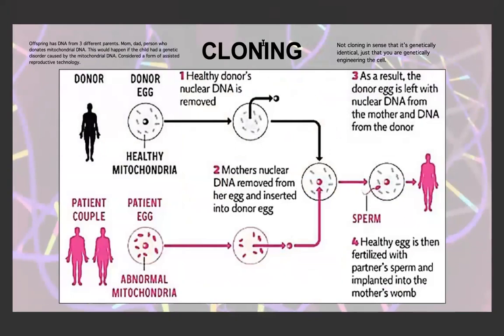This heading of cloning isn't really the correct heading, but basically what this picture is saying is that you can use a donor egg, which has mitochondria, and then you can use the patient's nucleus, the ones who want to have the child, take their nucleus, so their genetic information, and insert it into the donor egg, which has been denucleated or enucleated, so that this egg has the mitochondrial information of the donor, but the genetic information of the patient.